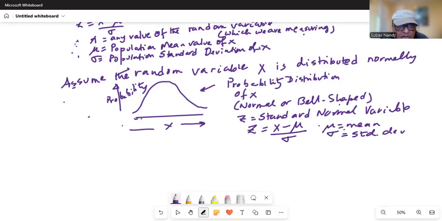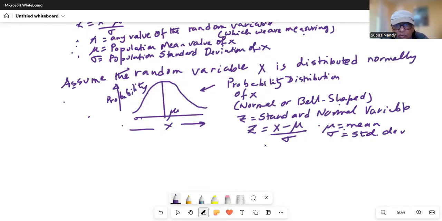Okay. So the center where the peak is highest in this curve, maybe I should erase this and redo it because it's a little bit off base. This is the point of mu where the peak is the highest.